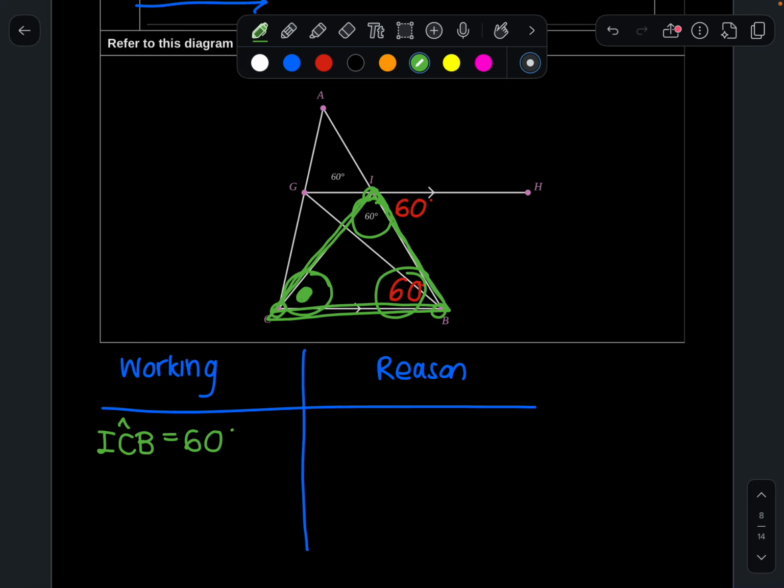This is because 60 plus 60 plus ICB has to add up to 180 degrees, because the interior angles of a triangle add up to 180 degrees.